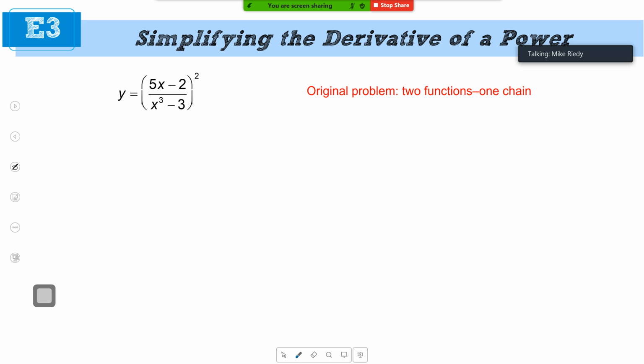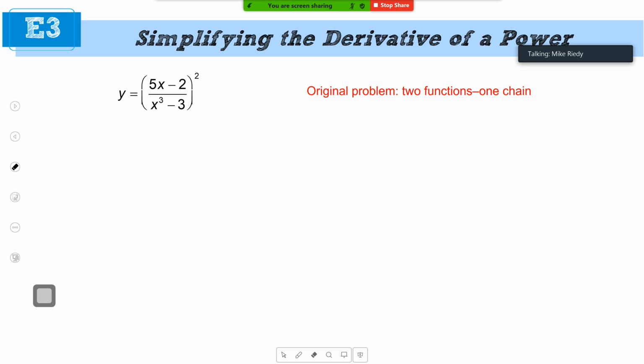Now, could I do this before I started? Yes. But I'm still going to have to do a chain rule. So whether I do a chain rule in the beginning or in the end is irrelevant. So I'm not going to do that.